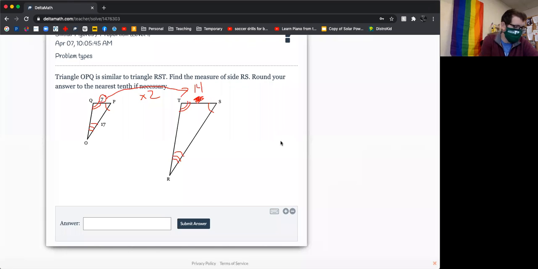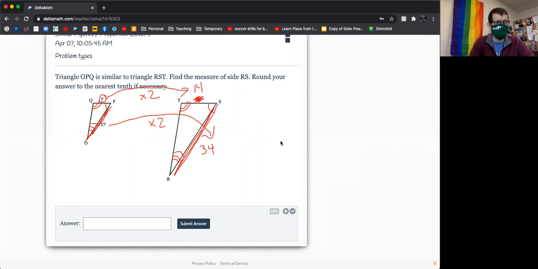So PQ corresponds to SR. So the 17, when I bring it over here, is going to grow by the same factor of 2. 17 times 2 gives me 34. So proportionality means that everything grows by the same factor. And I've said that enough, so hopefully that's sinking in.